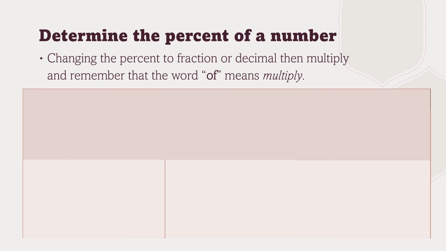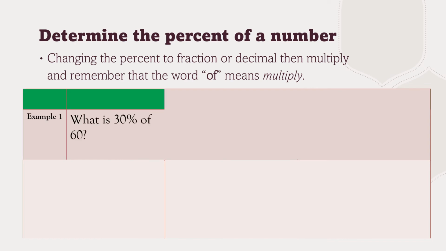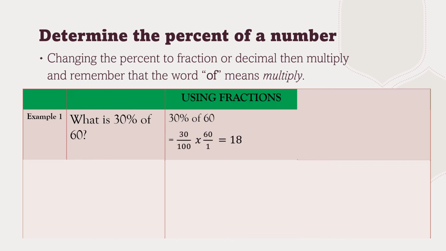So of course, in doing this, we have two ways of determining the percent of a number. The first one is using fraction and then the other one is using a decimal. So we have here an example. What is 30% of 60? Let's do first using fraction. So we have to change first the percent into a fraction. So 30% will become 30 over 100 multiplied by 60.